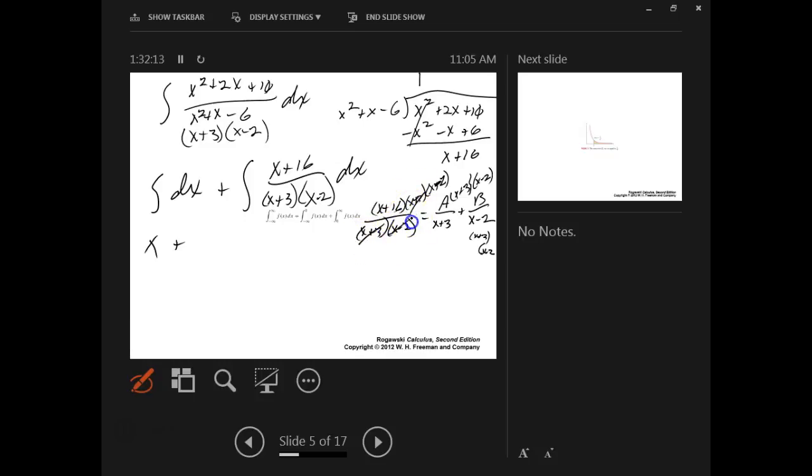The x plus 3, x minus 2's go out here. So you have that x plus 16 is equal to, here your x plus 3's go out, A times x minus 2 plus B times, and here the x minus 2's go out, x plus 3. And now what?